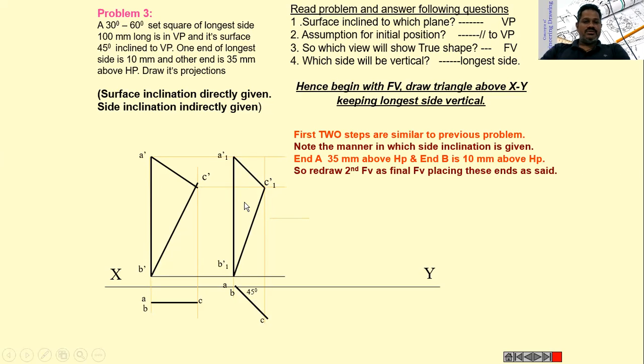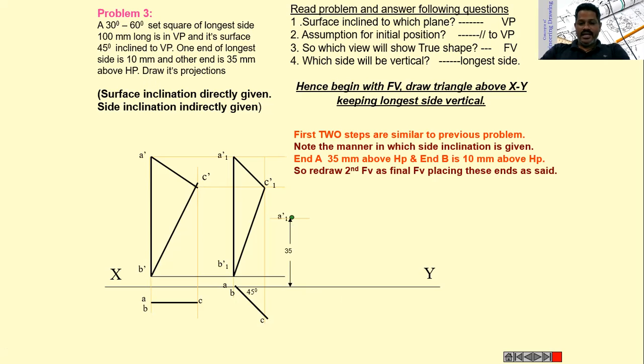But now the difference is that one end of the longest edge is 10 mm and the other is 35 mm above the HP. This is the condition. Then locate a point from the XY line, which is at a distance of 35 mm.